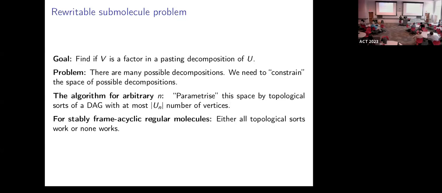Now for the stably frame acyclic regular molecules, we have the case that either all topological sorts work or none of them do. Okay, so it suffices to check only one topological sort. So I will now want to give you more details, and to do this I need to tell you more about layerings and orderings.